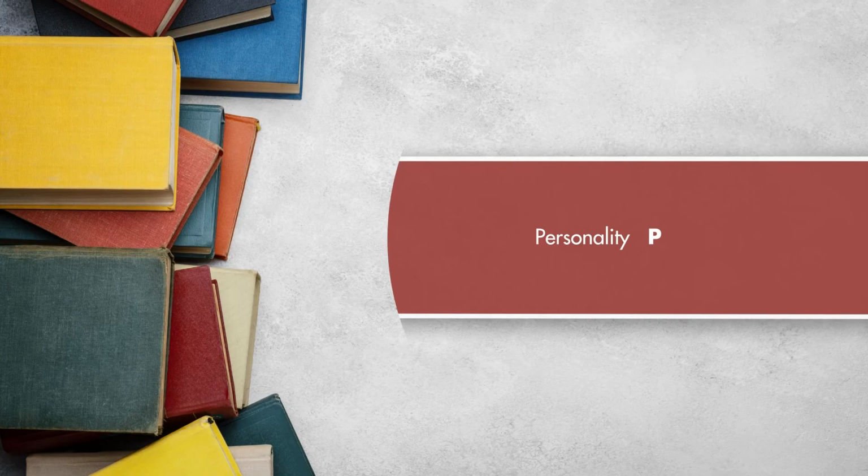This was a postulate that he gave. We will discuss postulates later. And he named these fundamental categories personality, matter, energy, space and time. He denoted these as personality by P, matter by M, energy by E, space by S and time by T.